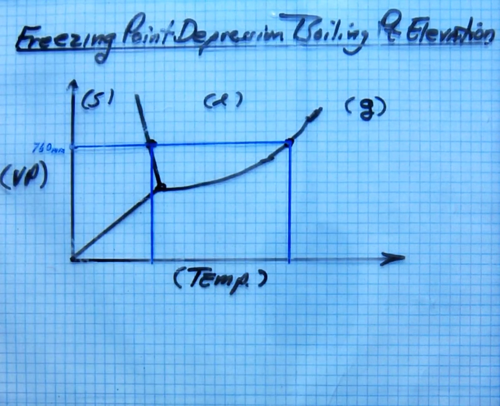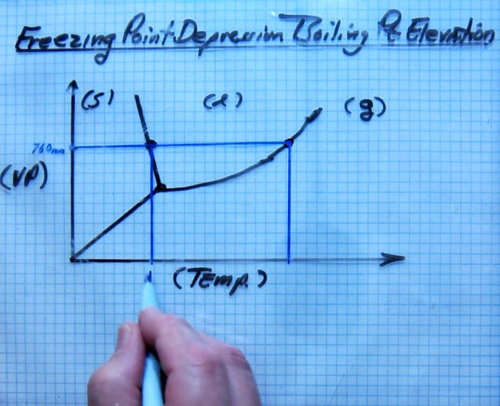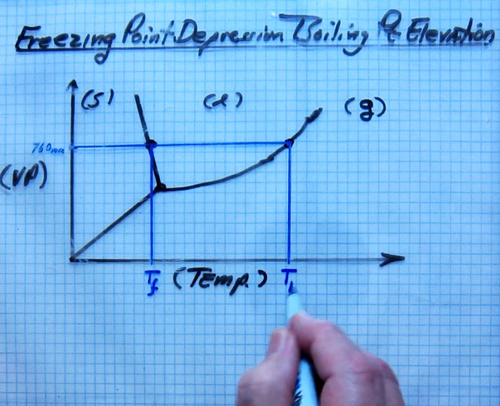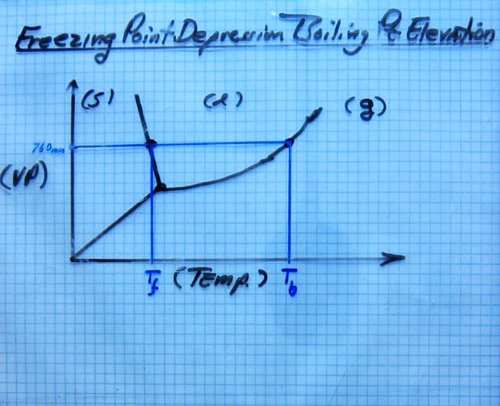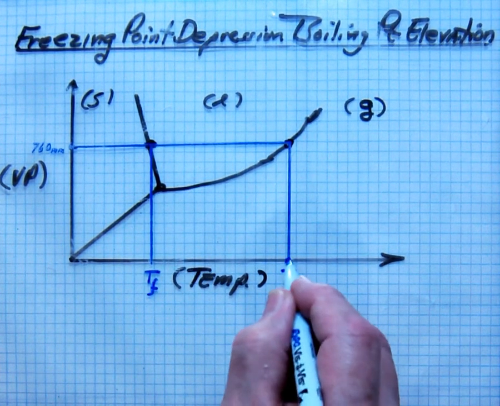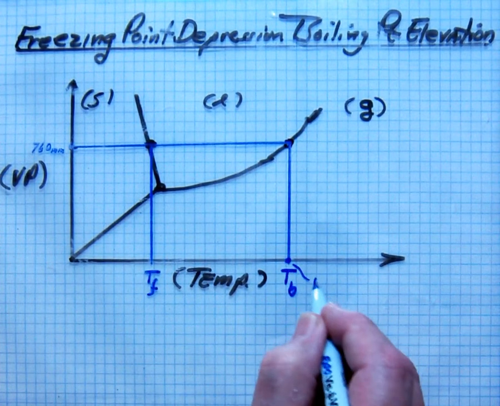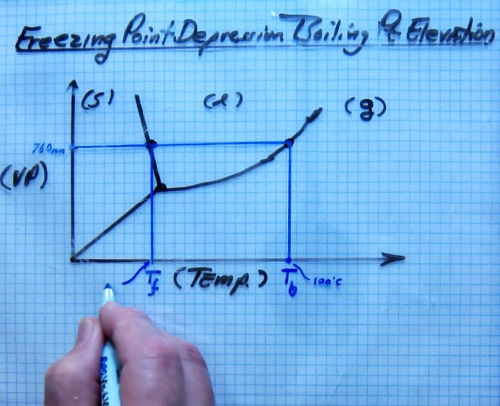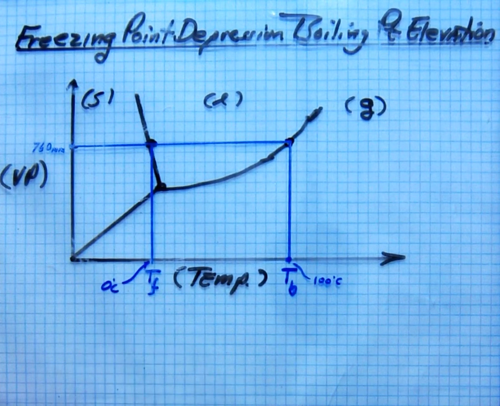These points represent the normal freezing point, 0 degrees in terms of Celsius, and the normal boiling point, 100 degrees. Okay, so this point right here would be 100 degrees Celsius, and then this point would be 0 degrees Celsius, or 32, or however you want to look at it.